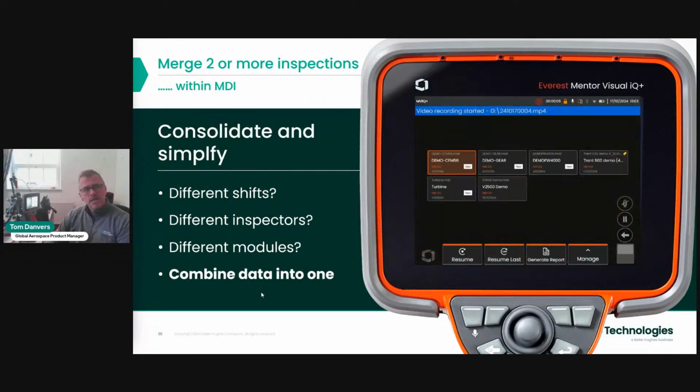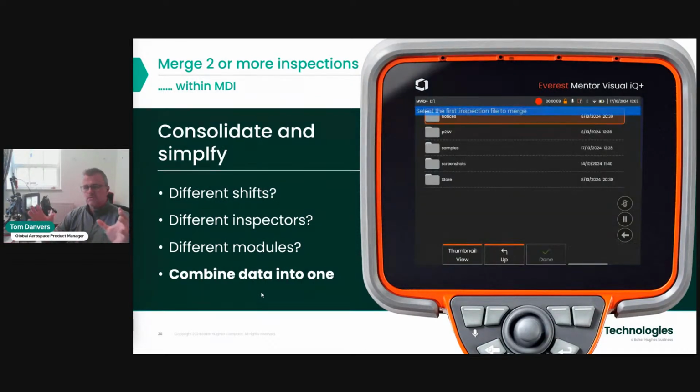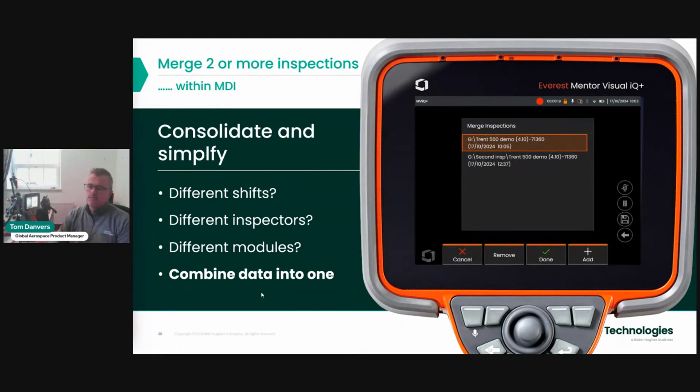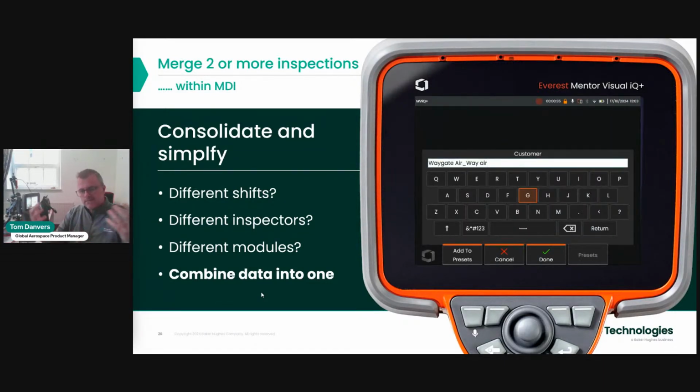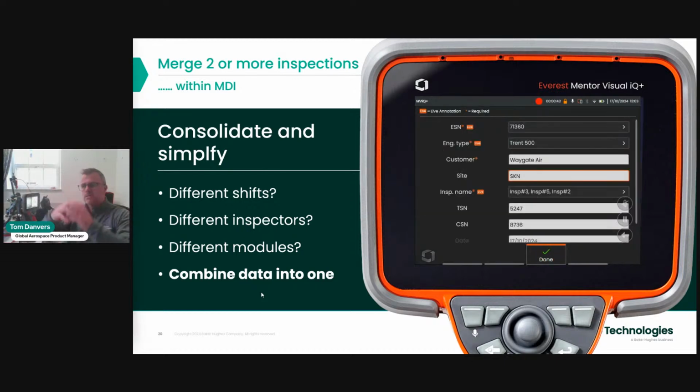And MDI Merge. MDI Merge, as the name suggests, allows you to merge two or more inspections from the same MDI inspection template. So if you were on the first shift, the morning shift, doing a part of the engine, and the second shift picks up and continues doing their inspection of different stages as they continue through an engine inspection process, and generates their own MDI inspection, at the end of that, after however many shifts, all of that individual data can be merged into one.